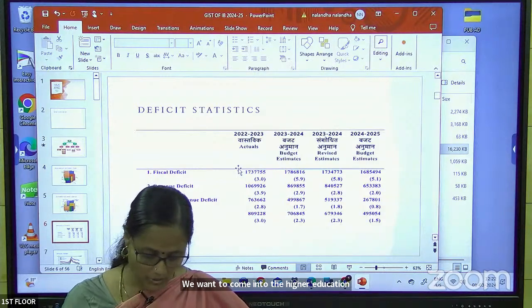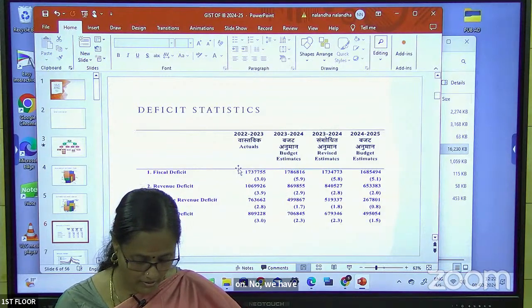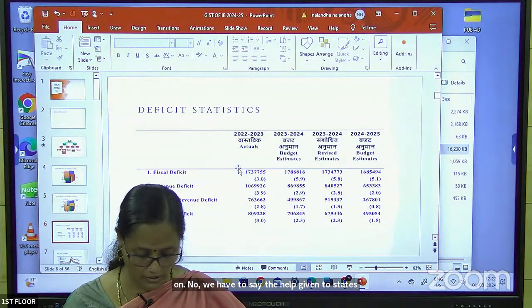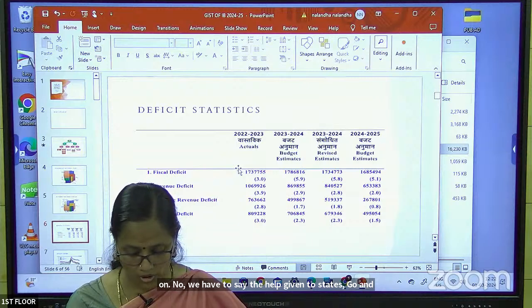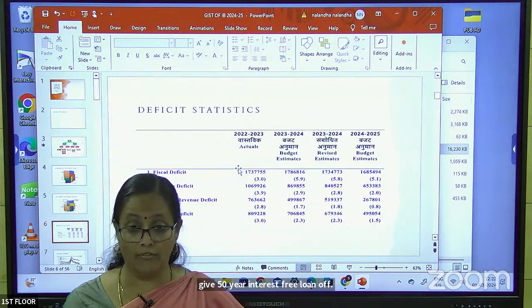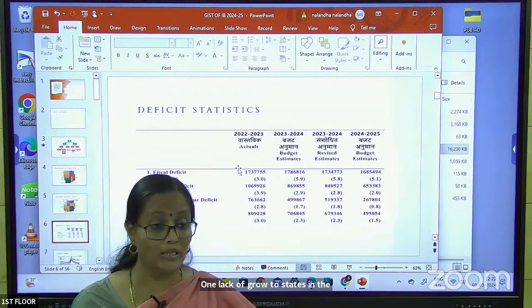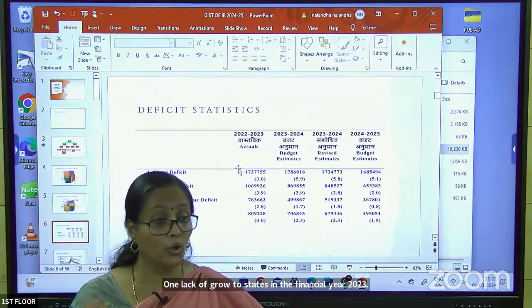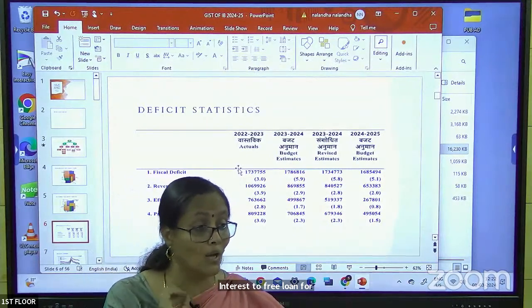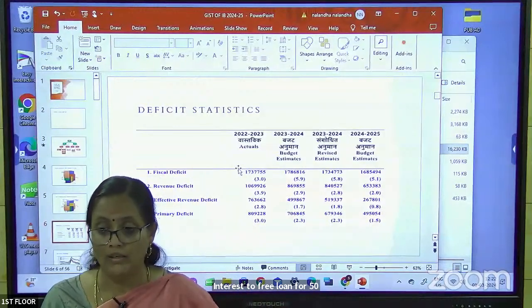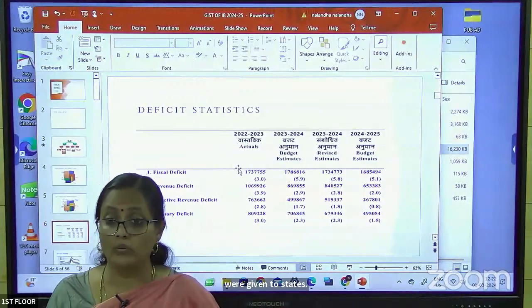Now we have to say the help given to states. 7th point, government gave 50-year interest-free loan of 1 lakh crore to states in the financial year 2023. Interest-free loan for 50 years, 1 lakh crore rupees were given to states in the year 2023.